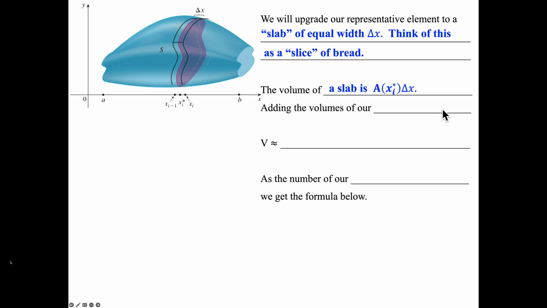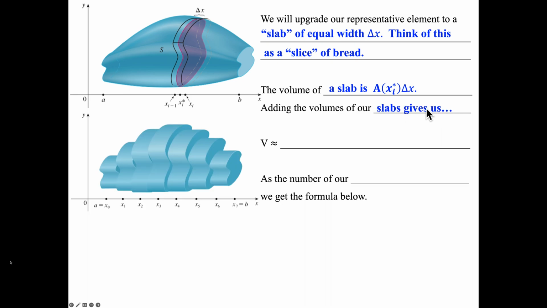Adding the volumes of our slabs gives us a loaf of bread, if you will. So our volume will equal the summation of all those slab volumes added together.